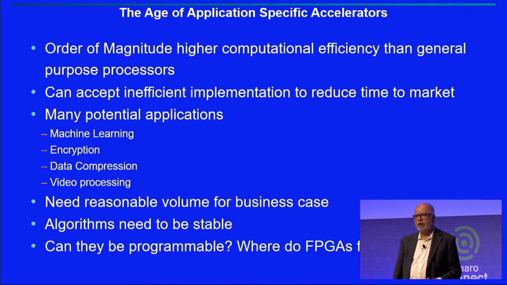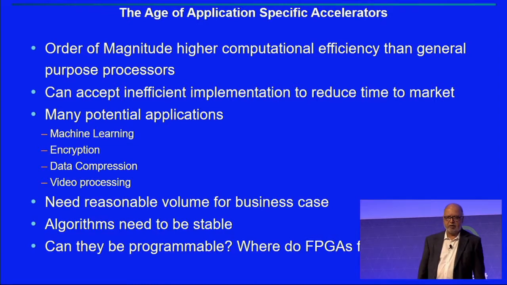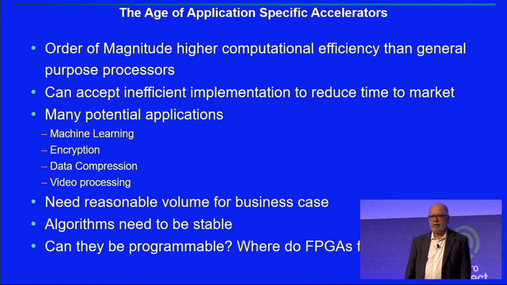So we're now in the age of application-specific accelerators. You've started to see TPUs. Google has made a big deal about their TPU and how deploying those TPUs has allowed them to reduce the number of servers that they're deploying. And in general, you can get an order of magnitude higher computing efficiency with a specialized engine than you would with a general purpose engine.